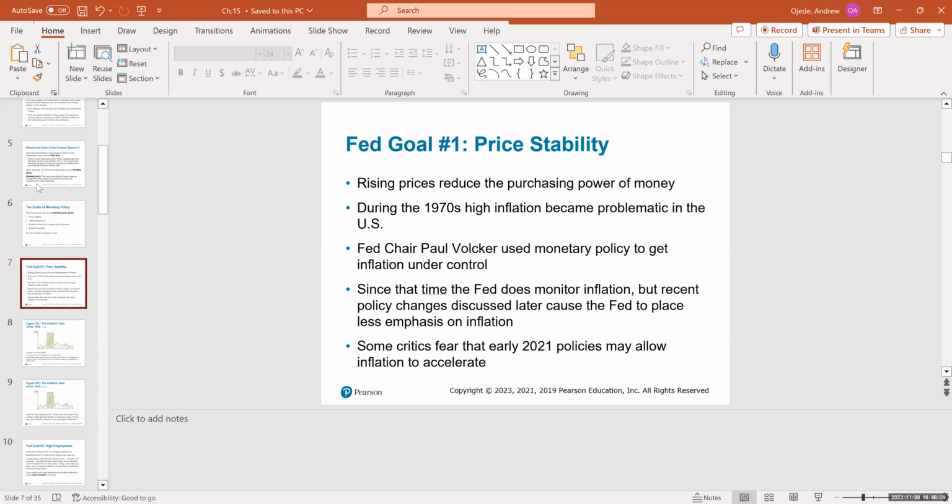During the 1970s, high inflation became problematic in the United States, especially during the latter years of Jimmy Carter, when Jimmy Carter was president of the United States. Inflation in America got out of control, but the source of that inflation was emanating from oil price shocks.